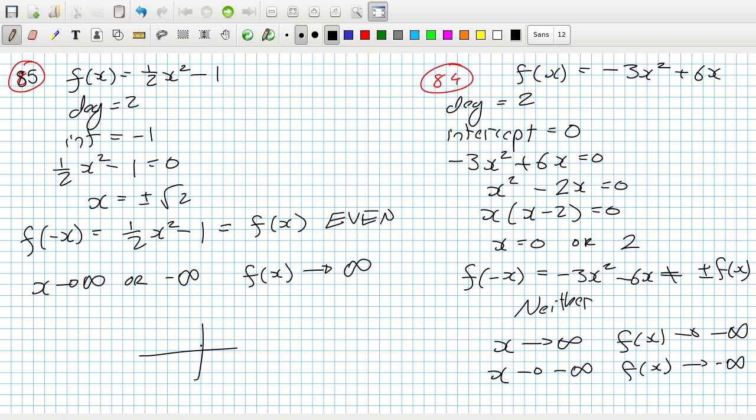So basically for large values of x, the function is increasing, just similar to the other ones as well. Answers are at the back, so we can confirm. 2, plus or minus root 2, minus 1, both ends rise, and it's even.